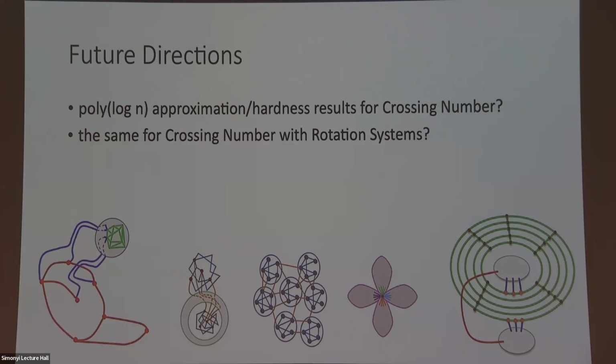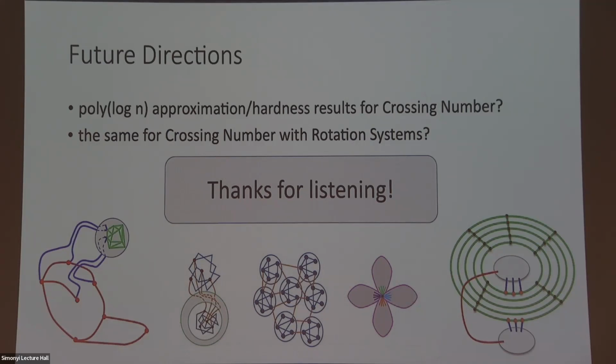But so far, our algorithm has several components that are hierarchical based, so recursive based, so it's still far from getting polylog. And what about the same thing for rotation systems? Actually, they are sort of equivalent because they differ by a polylog factor based on our reduction. Okay, thank you very much.